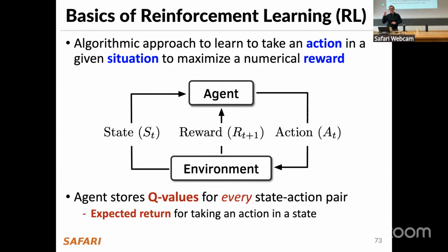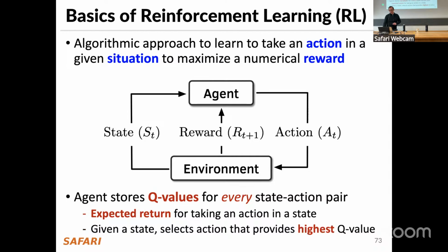And this gives you the expected return for taking an action in a state. For example, the action could be prefetch this address. In a given state, prefetching this address is good because that prefetch is going to be used. That's the idea. So you can train this reinforcement learning agent. In a state, you select the action that provides the highest Q value. So that's the idea.